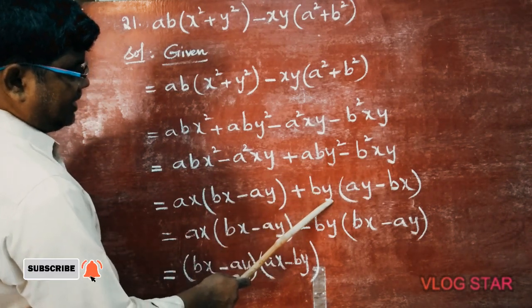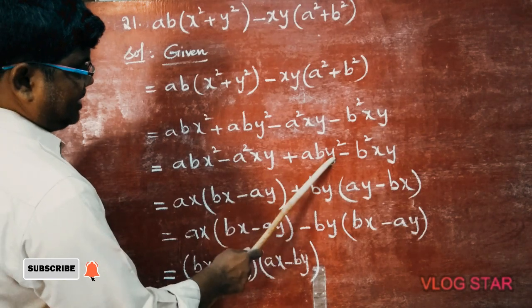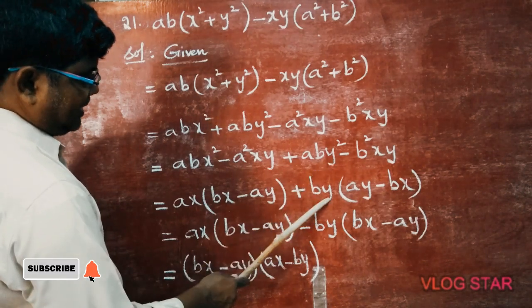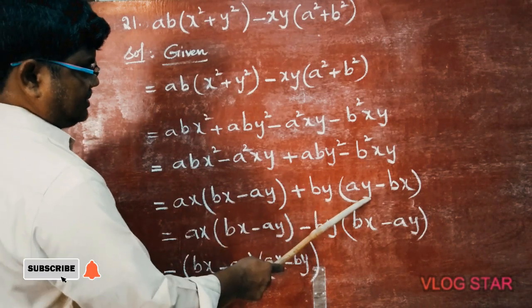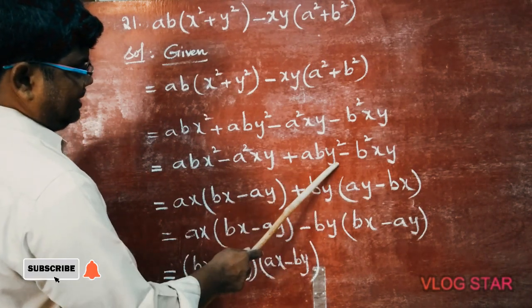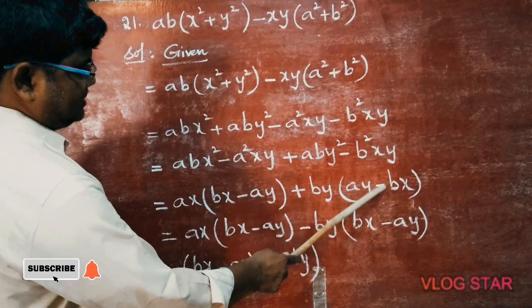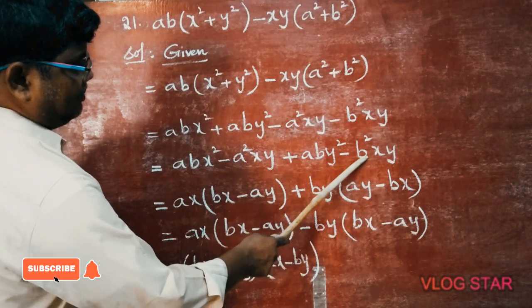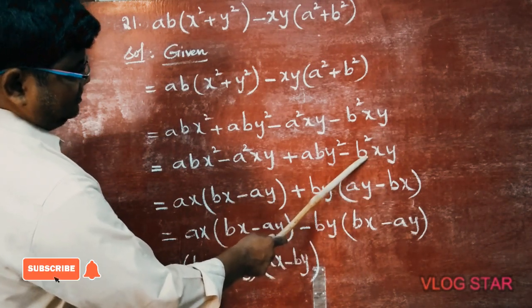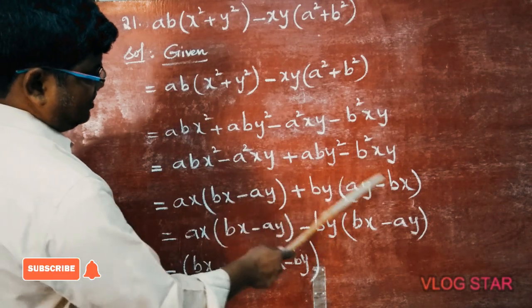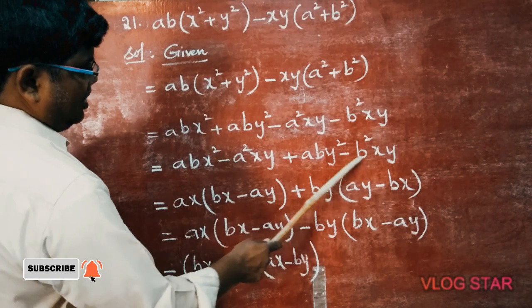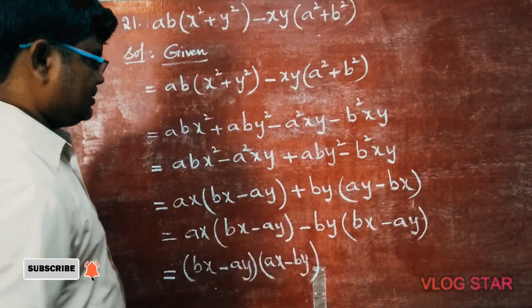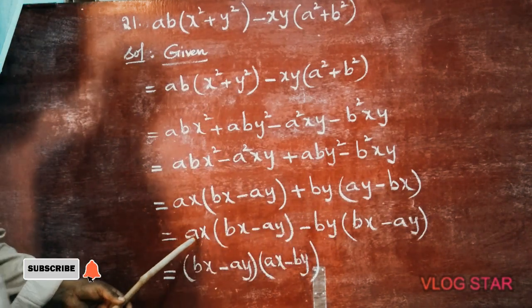So by you are taking common, a is left, and here two y's are there, y one way y we took common, one more y is inside. So ay minus is there, minus, here two b's are there, b square means b into b. So one b came outside and one more is left. X is there, y already we took outside. So minus bx.